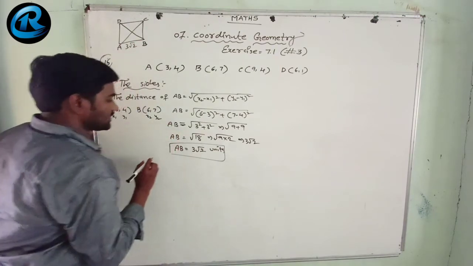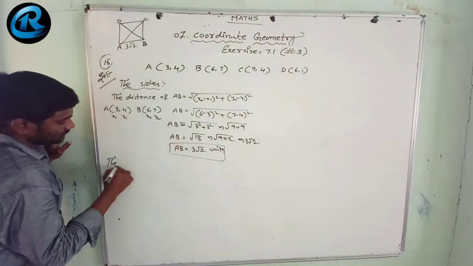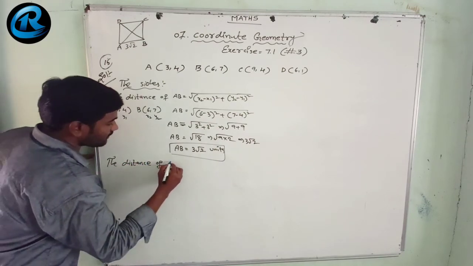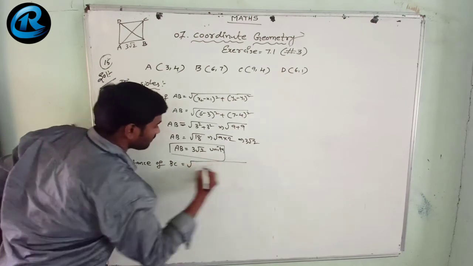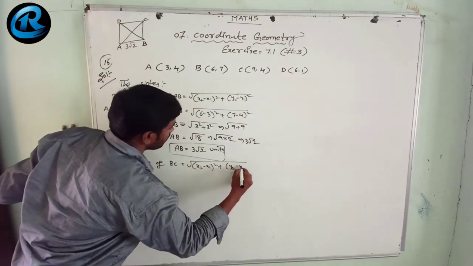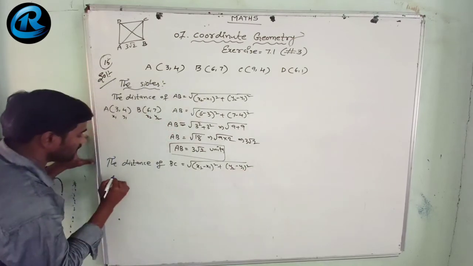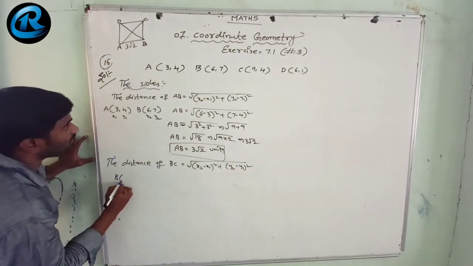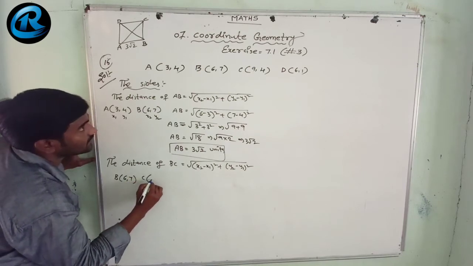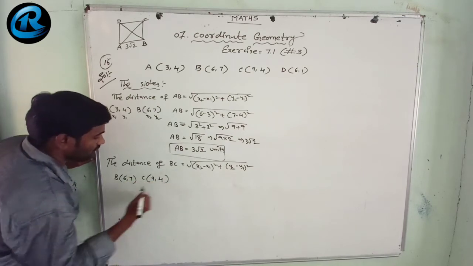Let us find out BC. The distance BC equals under root of (x2 minus x1) whole square plus (y2 minus y1) whole square. The point B is 6 comma 7 and point C is 9 comma 4.